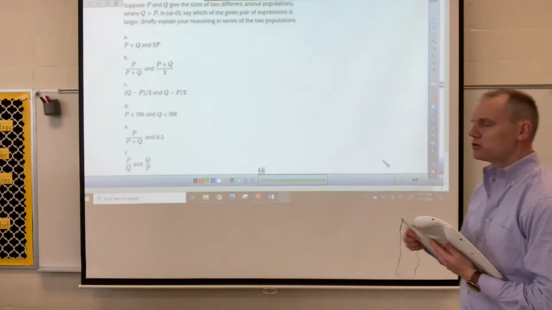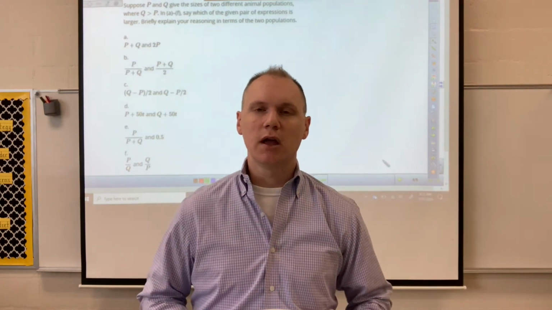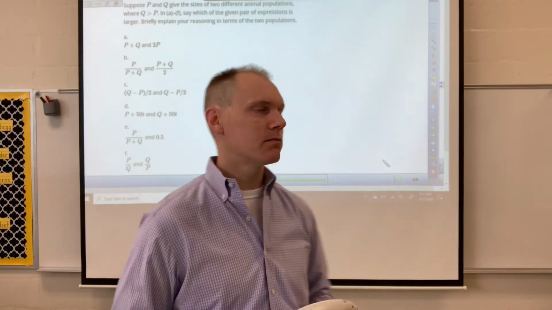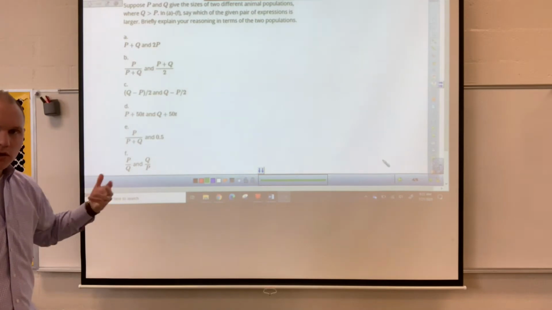Okay, we also want to think about how we can compare expressions and see which one's greater or less. This one's a little bit complicated here. You're going to have to really think about these.